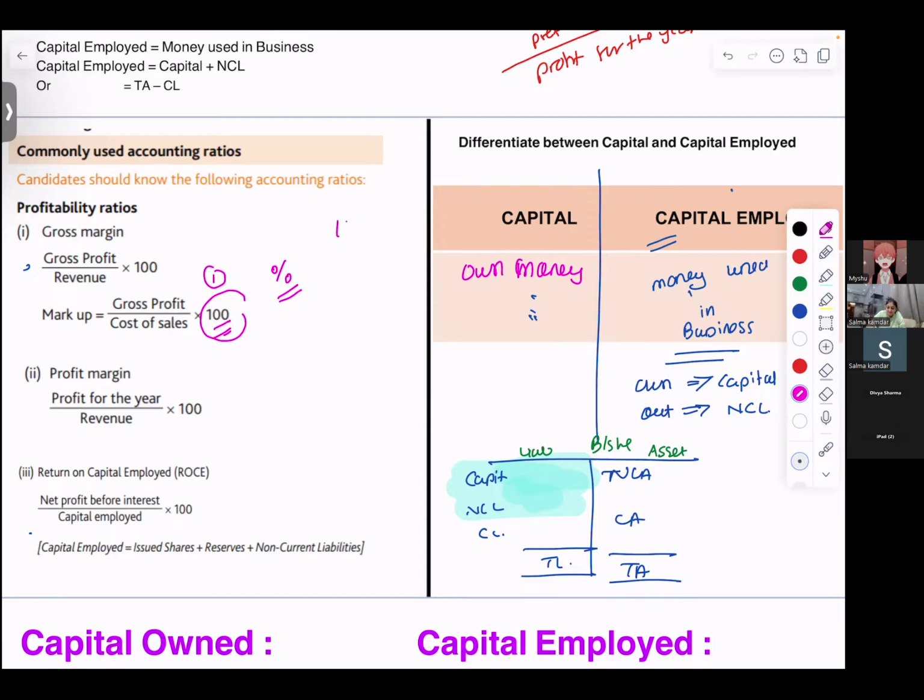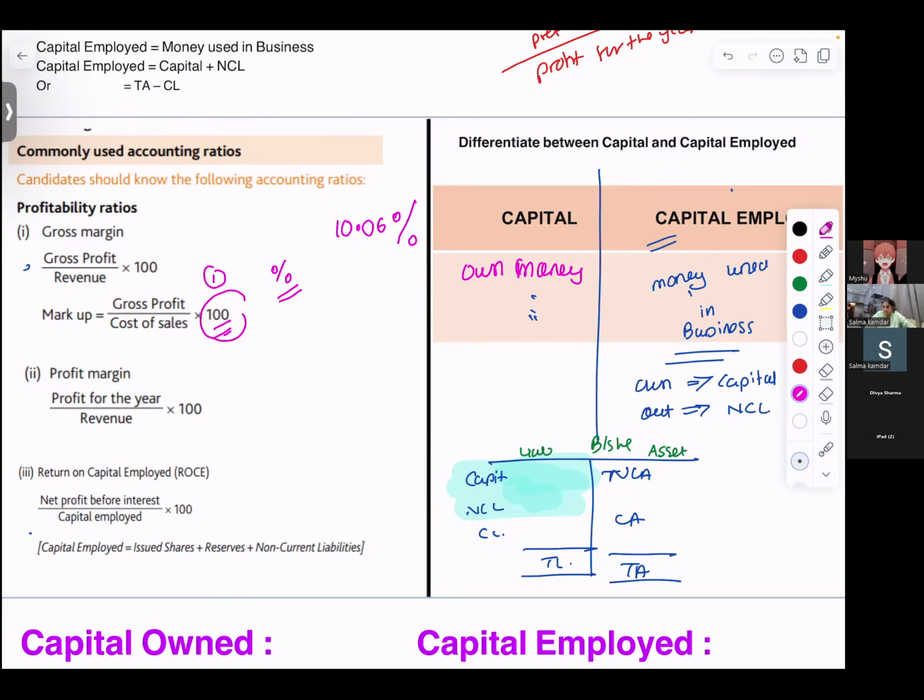If it is 10% or 10.06%, you will express your percentage up to 2 decimal points. The question would mention it clearly. Putting a percentage sign is mandatory for profit margin, return on capital employed, gross profit markup or gross profit margin. I hope you're with me.